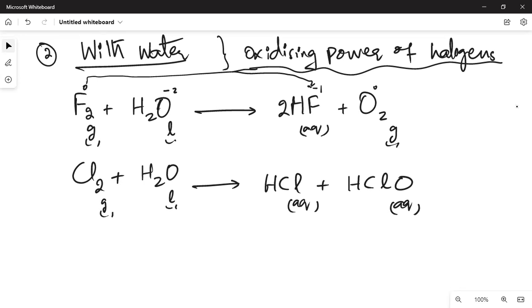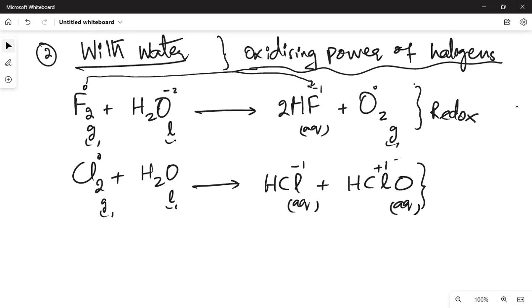In this reaction, chlorine goes from 0 to -1 in HCl and from 0 to +1 in HClO. So half the chlorine is reduced and half is oxidized. It means chlorine cannot entirely oxidize water. Unlike fluorine, whose reaction is entirely redox, in the second reaction chlorine is both reduced and oxidized.